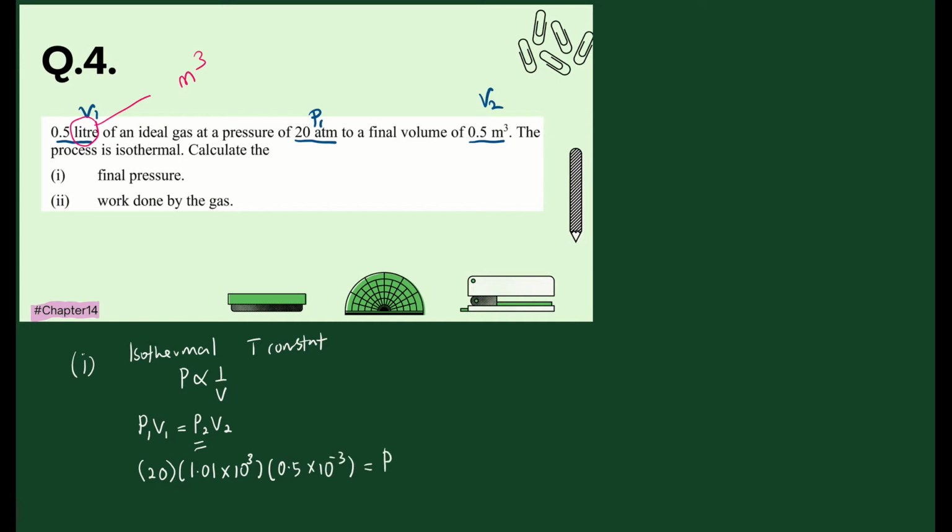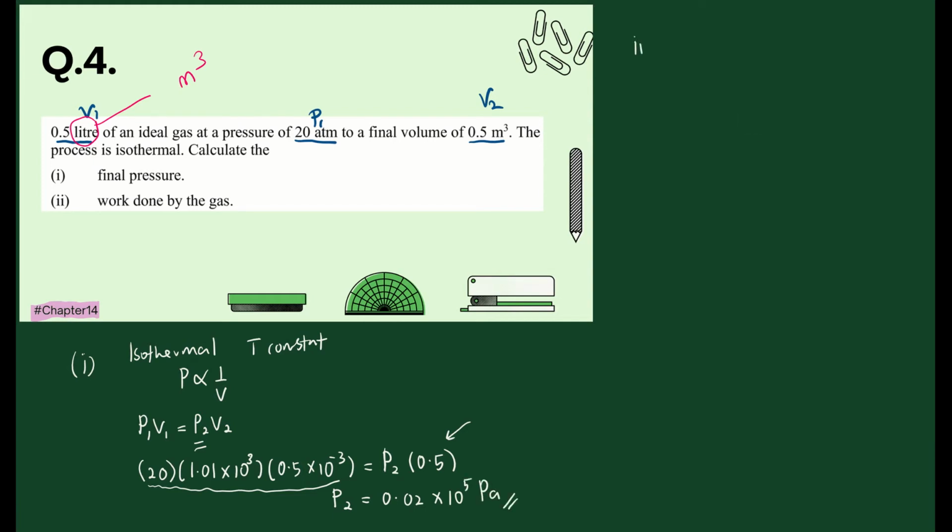V2 is already in meter cube, so 0.5. Calculating the values, you multiply all the values here, then divide by this number, then your pressure is equal to 0.02 times 10 to 5 Pascal.